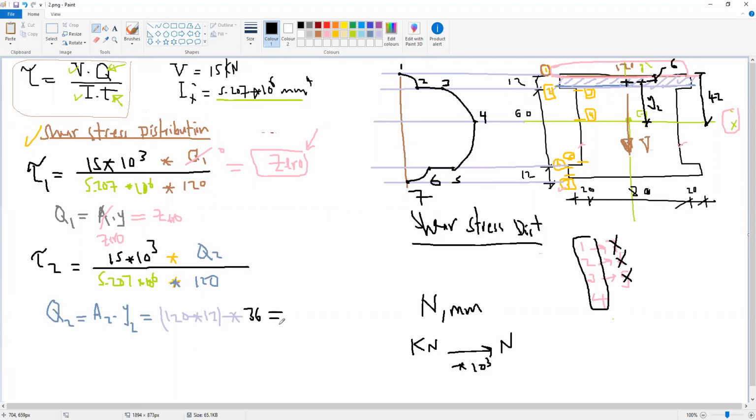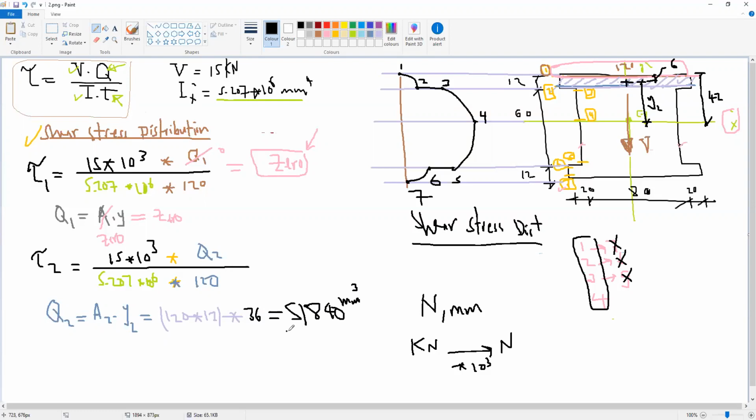Okay, Q2 will be, I'll just give you the answer of this one. It's 51,840 millimeter to the power 3.